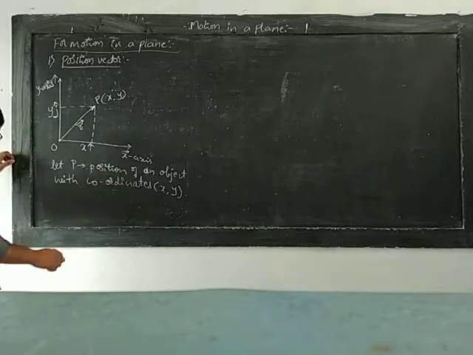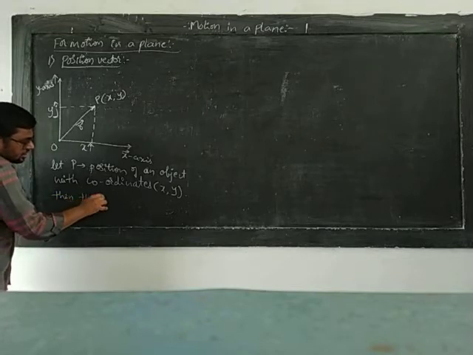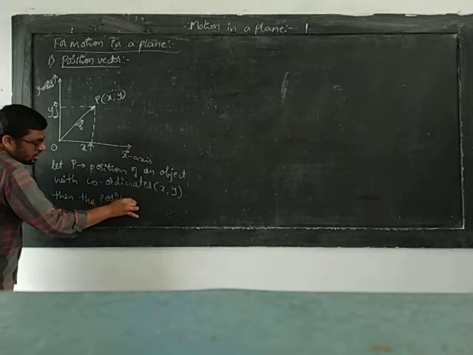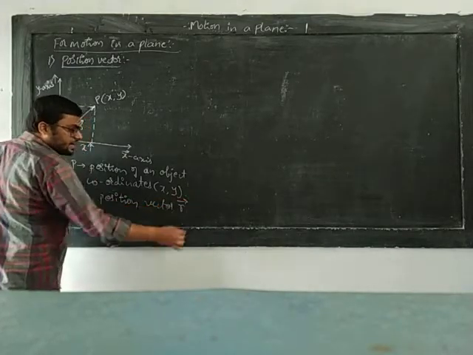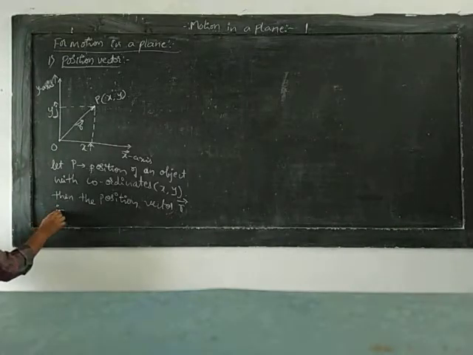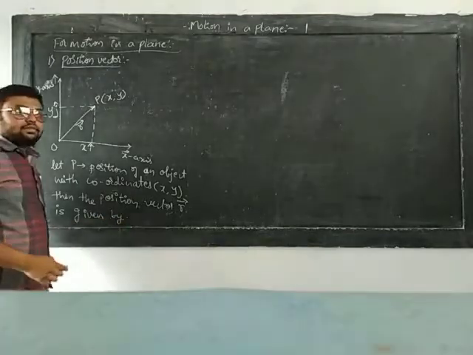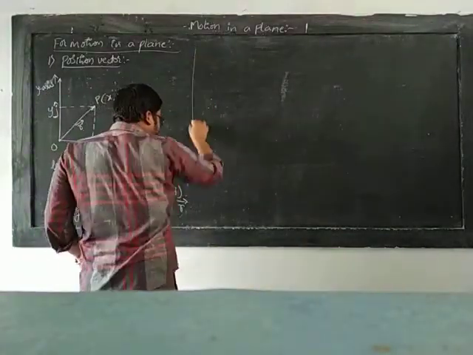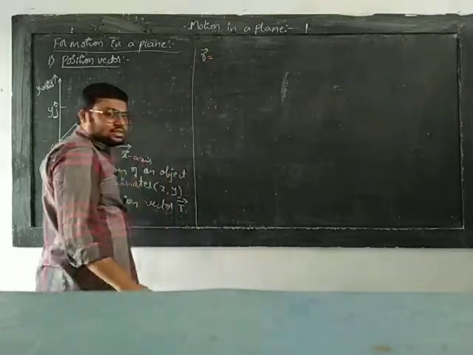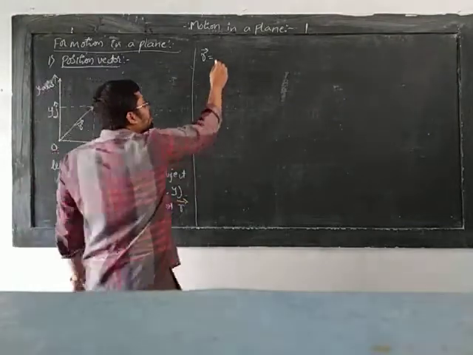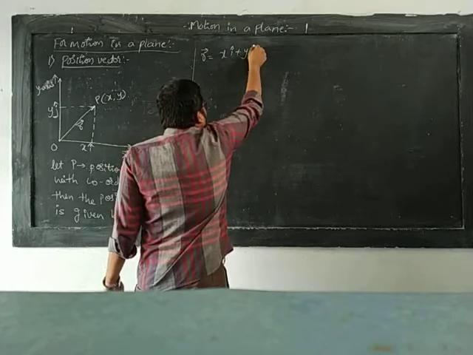So now look here. The position vector R is given by, so look here, vector R is equal to x i cap plus y j cap.